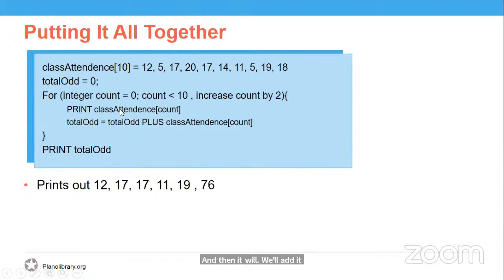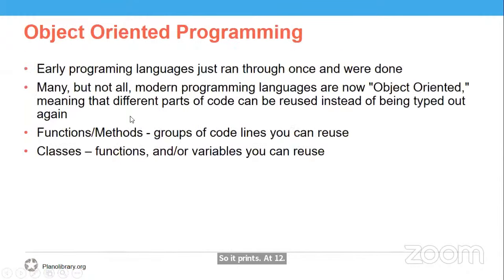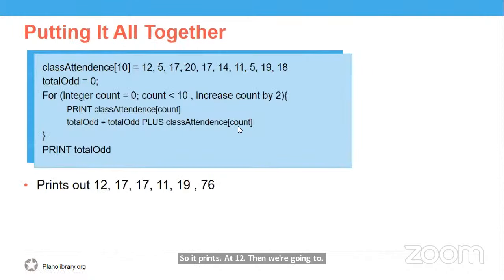So with the first run through of this for loop, we're printing class attendance 0 because count is 0. At 0, which is that first spot in class attendance, it's a 12, so it prints a 12. Then we're going to add the amount we just printed out to the total of odd classes.